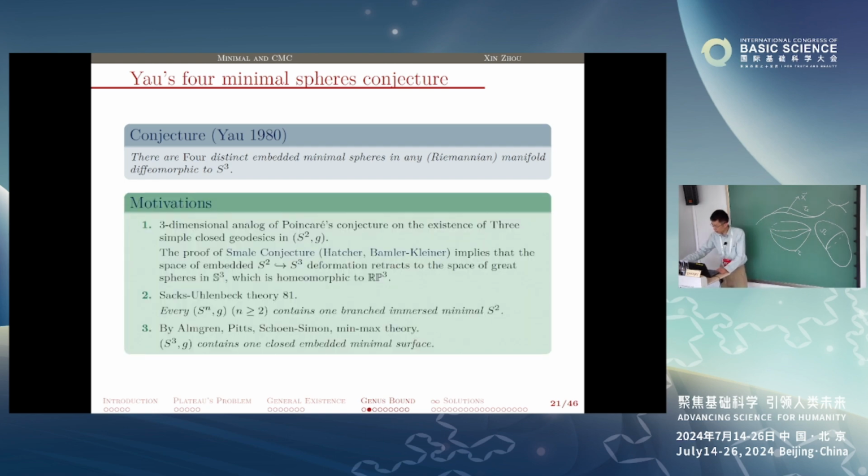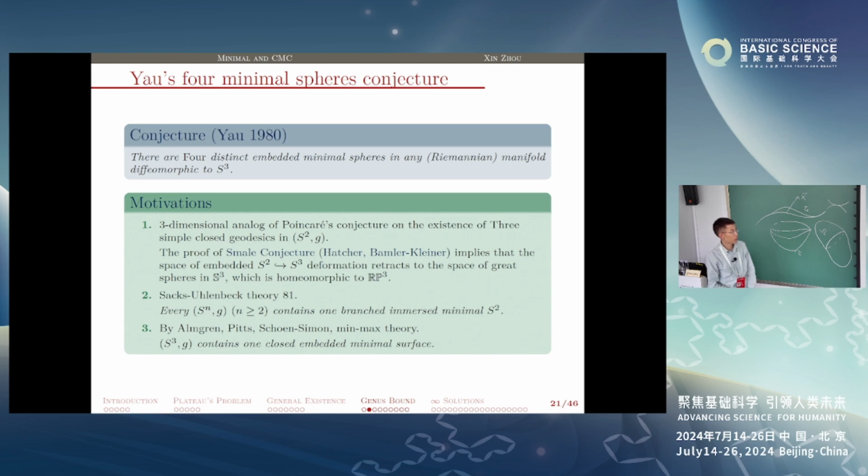Let me motivate the conjecture. I say this is a 3-dimensional analog of Poincaré's theorem on the existence of 3 simple closed geodesics on S2. That is a famous problem. We sometimes call it the Lusternik-Schnirelmann theorem, which was pioneered by their novel ideas. That is the first motivation, because in 2 dimensions, you expect to have 3 simple closed geodesics. So in 3 dimensions, you expect to have 4.